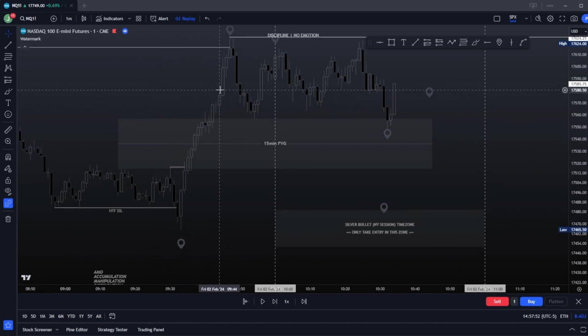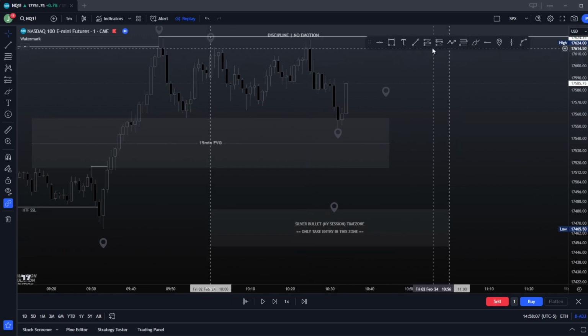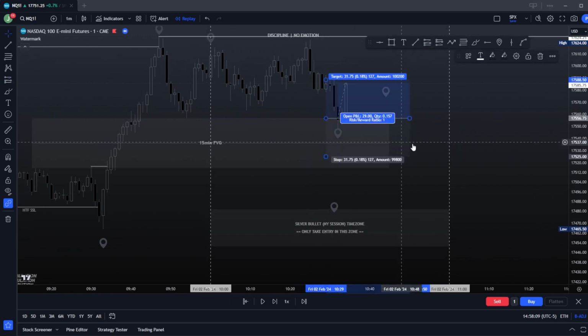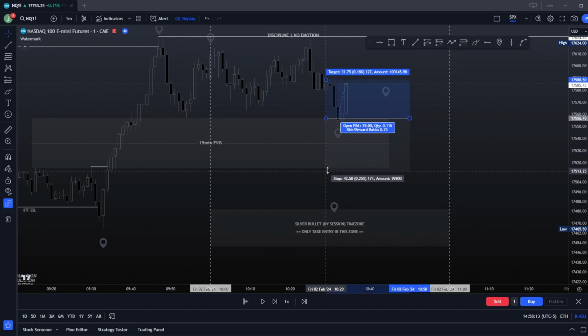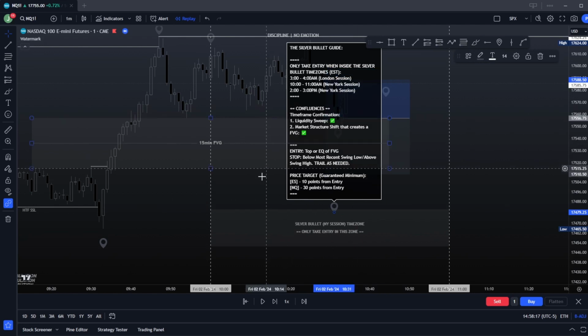Displacement is that momentum through those previous highs or lows that creates that push in a direction, that creates that gap or imbalance on a higher time frame. So me personally, I would in fact set a buy limit at the top of this fair value gap to trade from.